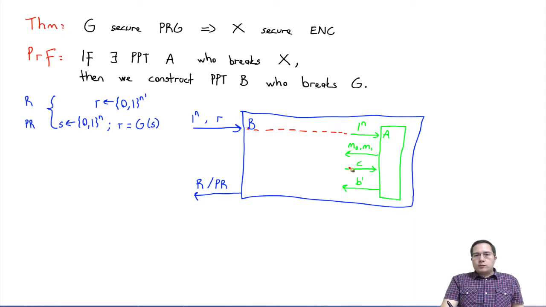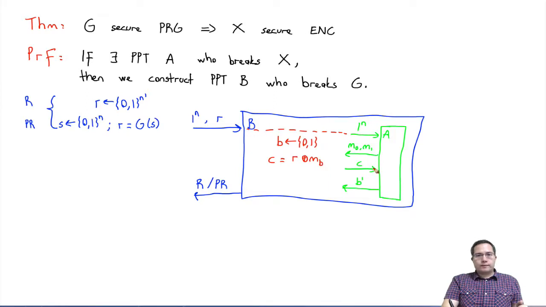For this encryption part, what B will do is pick a bit b, and then it is going to encrypt Mb, but it needs to tie it to this random or pseudorandom value somehow. So it will compute C as R XORed with Mb and then send that C.